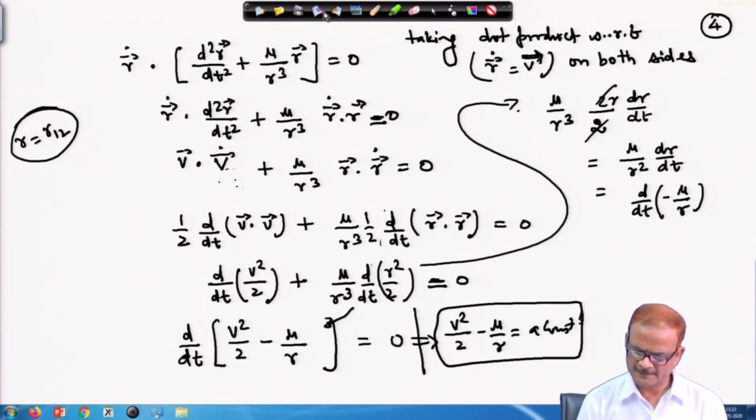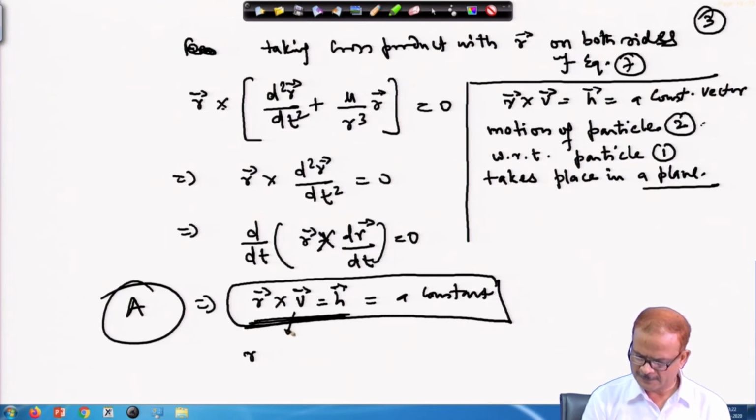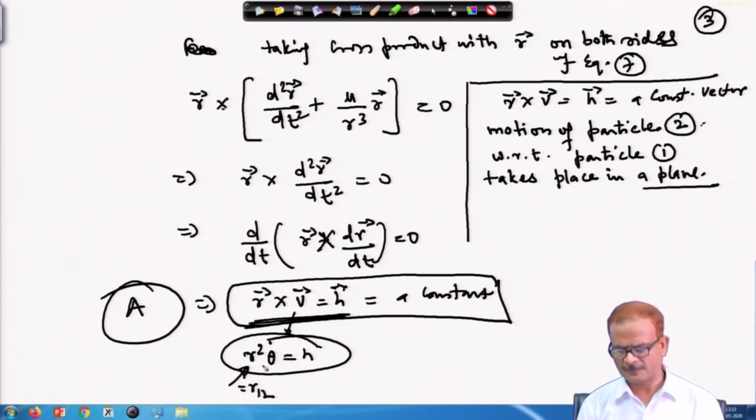And while writing h, this can be reduced to r squared theta dot equals h. Here r is nothing but r12, the distance of particle 2 from particle 1.